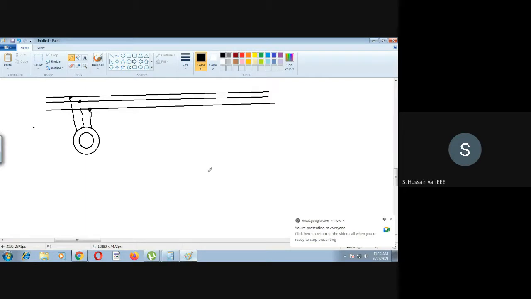Then you have the rotor. The rotor terminals are there, three terminals of the rotor. Each terminal has one cycloconverter.